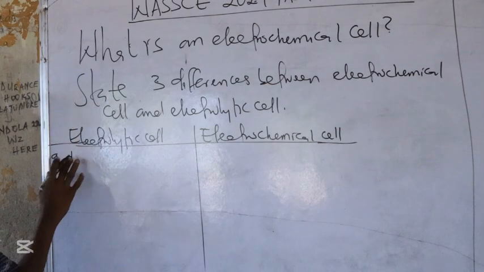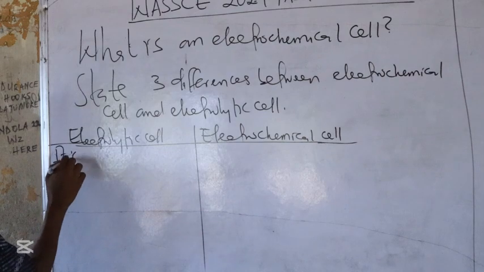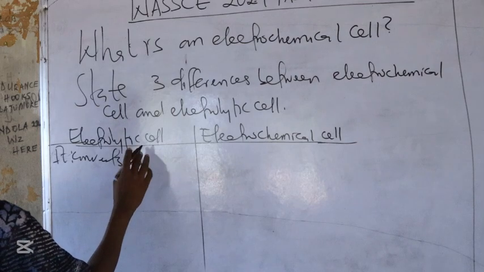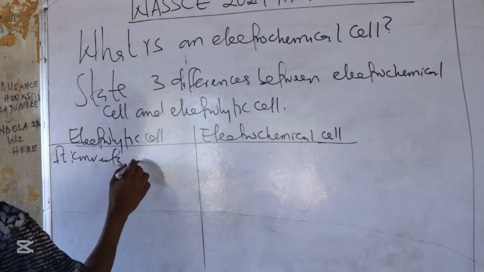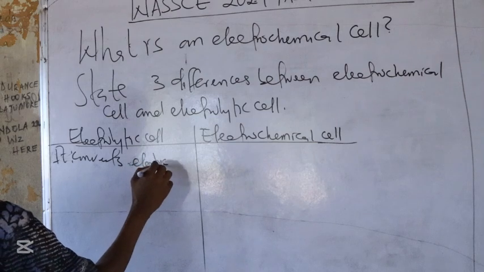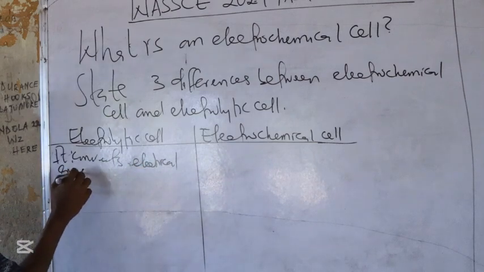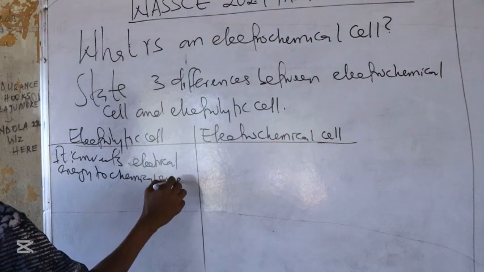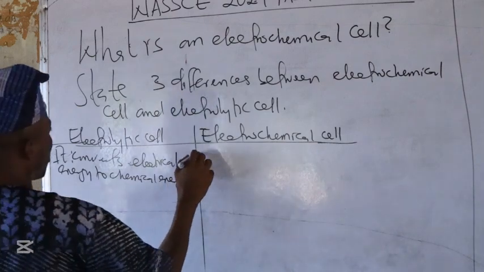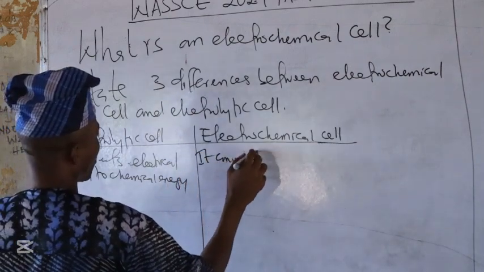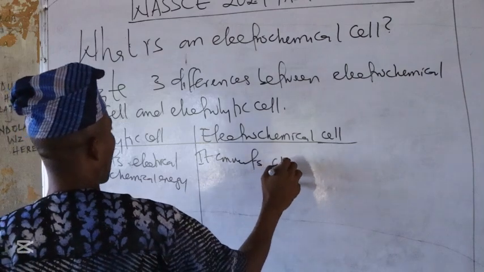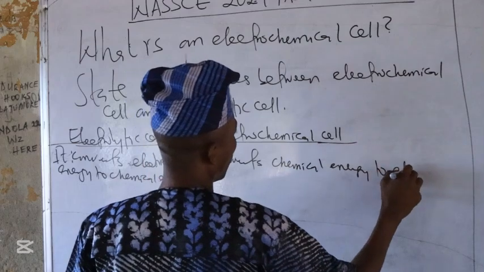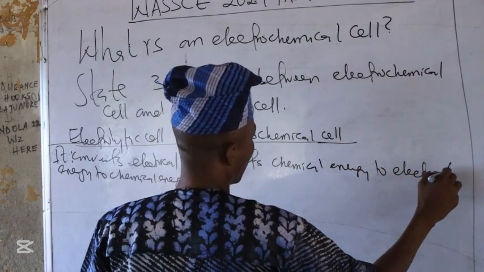A device, you can see, it converts electrical energy to chemical energy. Then this one converts chemical energy to electrical energy.